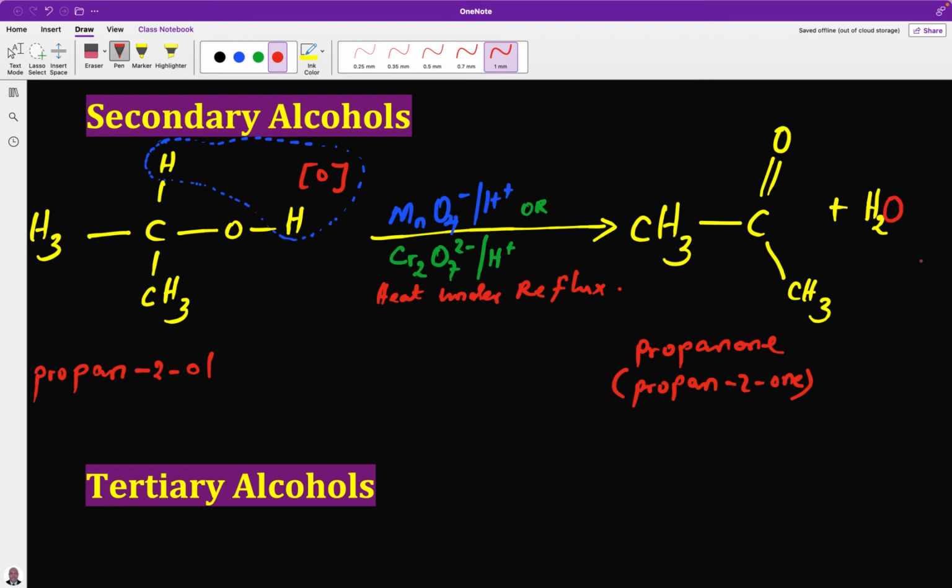And in this case, we are using propan-2-ol as our secondary alcohol, we've got propanone and a molecule of water.